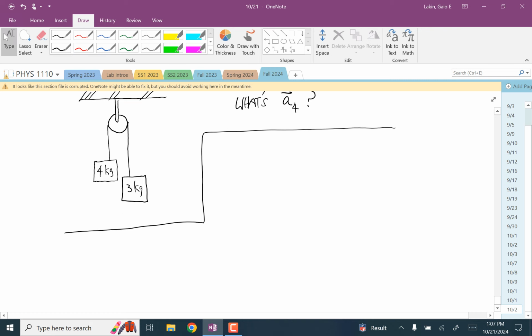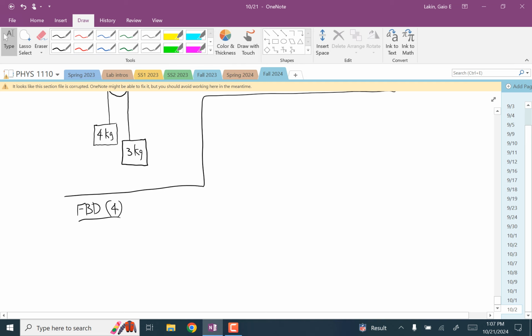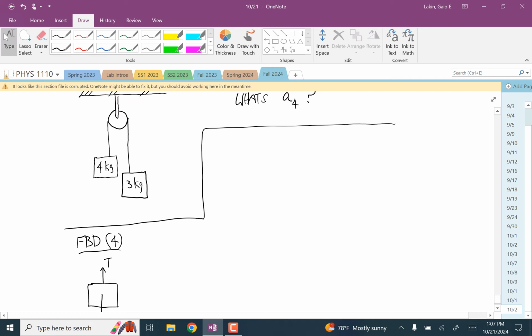I'm going to start by isolating the 4 kilogram. We have a weight of 39.24 and a pulling force up of T. And is the 4 kilogram moving along the X or Y axis?